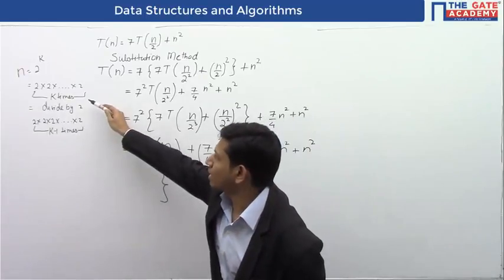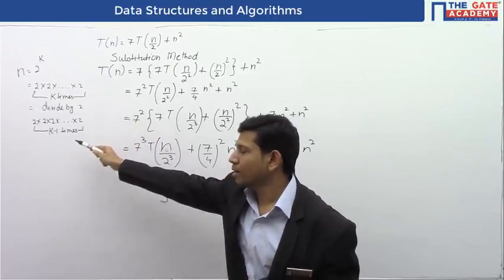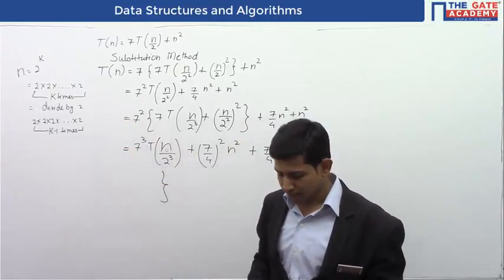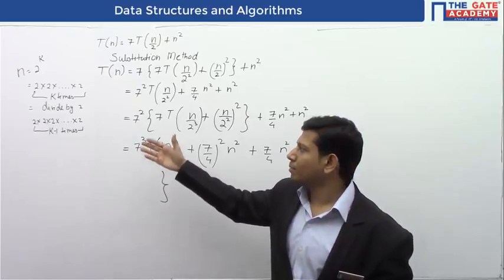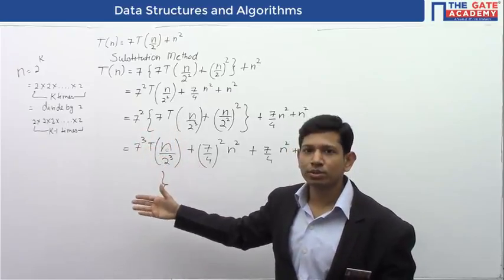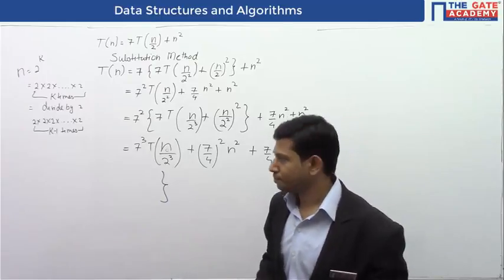Earlier it was k times. Once we divided it by 2, it became 2 into 2 into 2, k minus 1 times. Like this, successively we will divide by 2, it will become k, k minus 1, k minus 2 and so on. Finally, it will become 1 and then it will become 0.